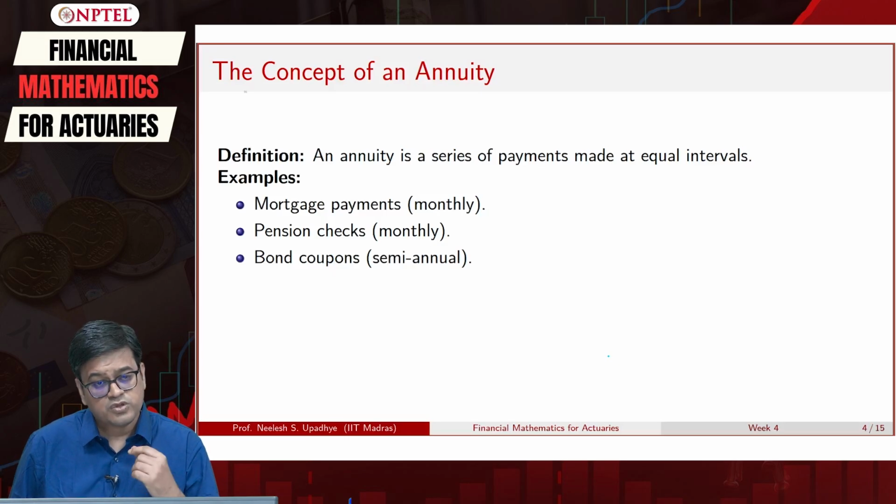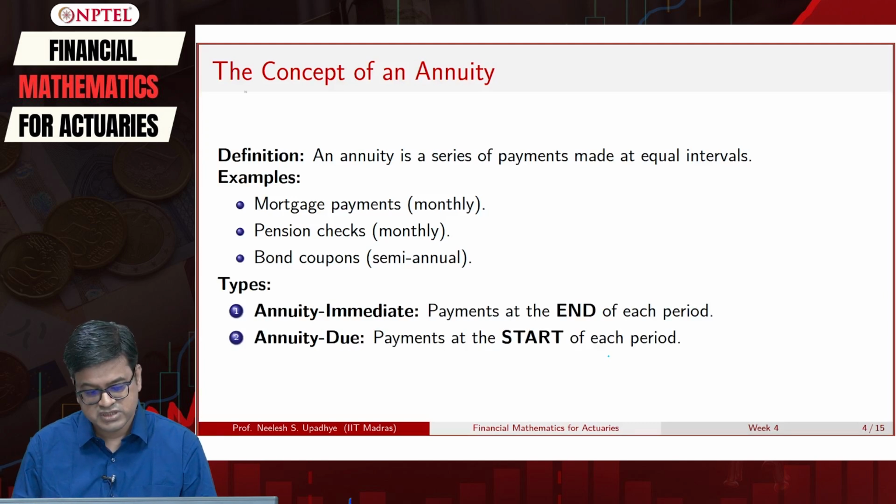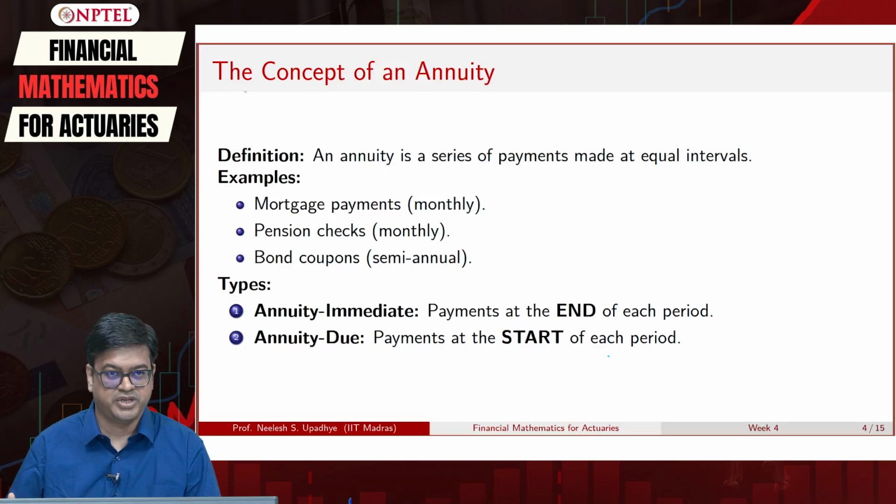Now when these payments will be made will determine what type of annuity it is. So there are commonly two types of annuities. First type is annuity immediate. So this is a trap. In annuity immediate, the payments are made at the end of each period, immediately after the end of the period.